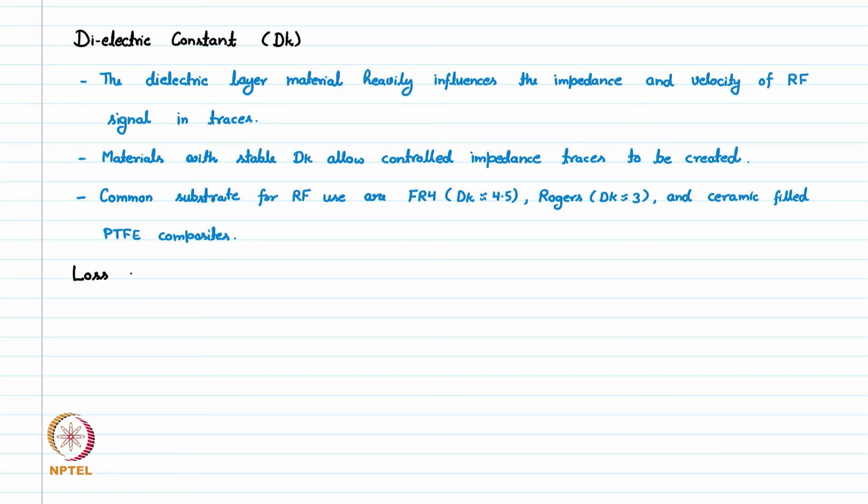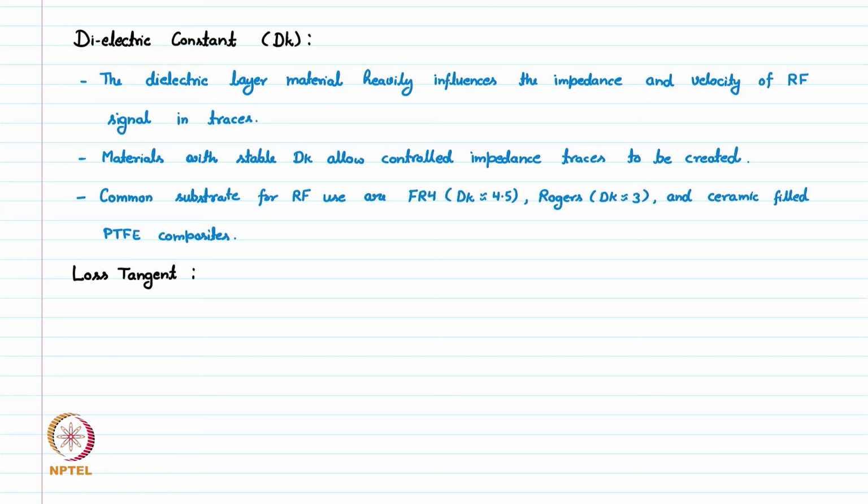So, while selecting these substrates, we check for the loss tangent of those materials. So, all these dielectric material, when we apply high frequencies, there are inherent losses which are quantified by the loss tangent, or we call it by DF.